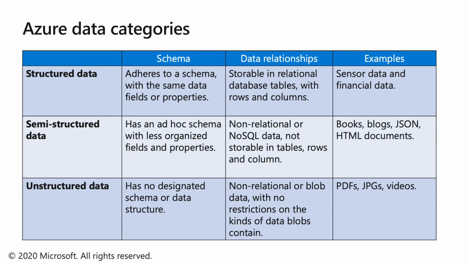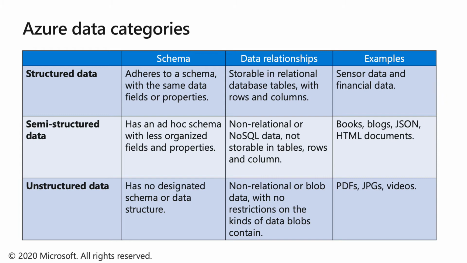An example of this might be books, or a blog, or website HTML documents, or JSON files. You may have heard of the term. So this is stuff that you can't just put into a row and column table. You couldn't just put a book into a table with all the information from that book, the chapters and the structures in that, and the general themes from that book. It forms something in terms of semi-structured data, but you can't just row and table that easily.